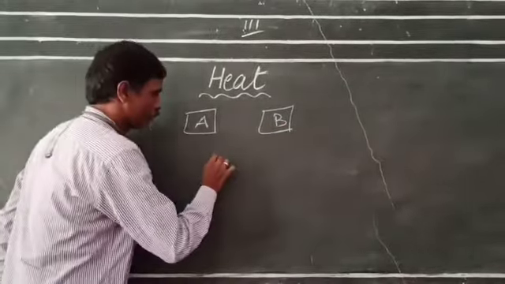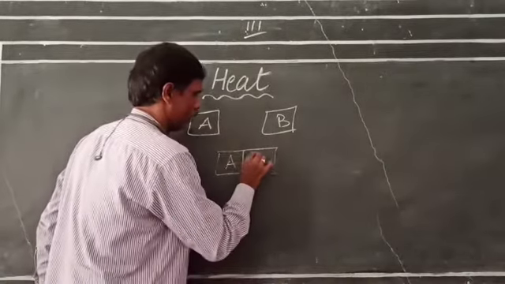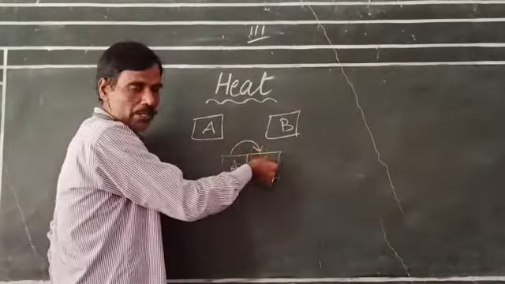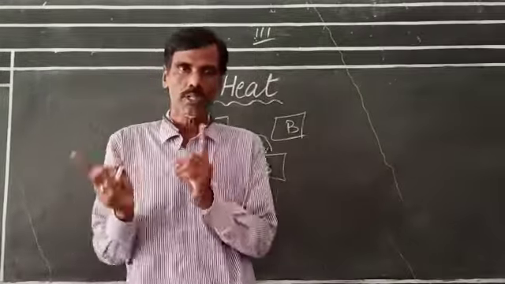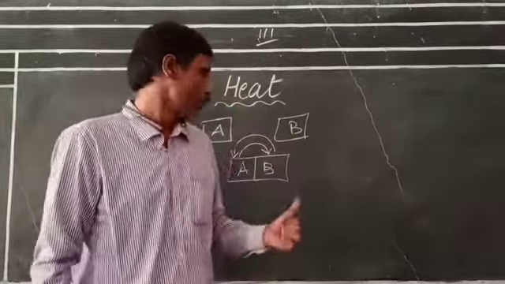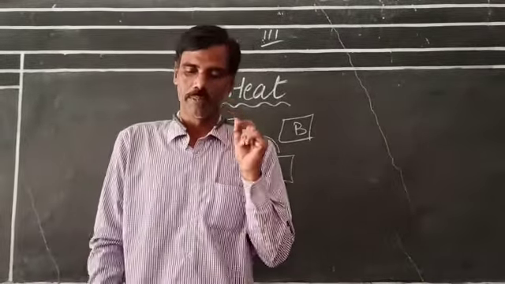Now, if you bring them to thermal contact, then the flow of heat energy may occur from A to B or from B to A until both of the bodies attain the same temperature. At this stage, we can say that these two bodies are at thermal equilibrium.